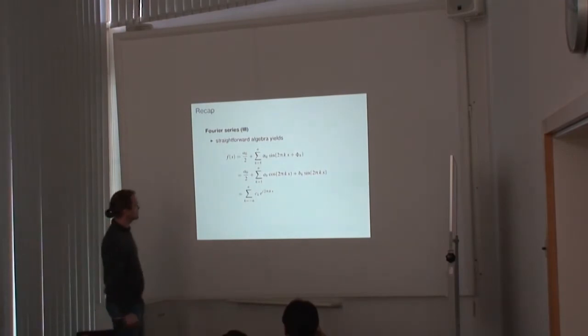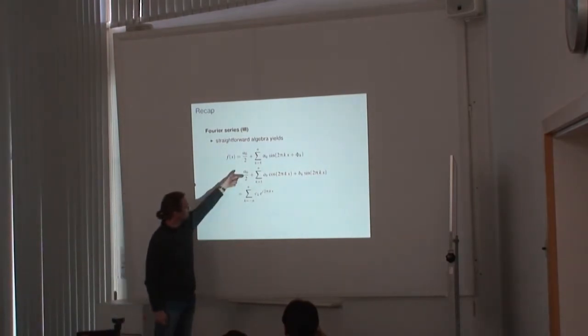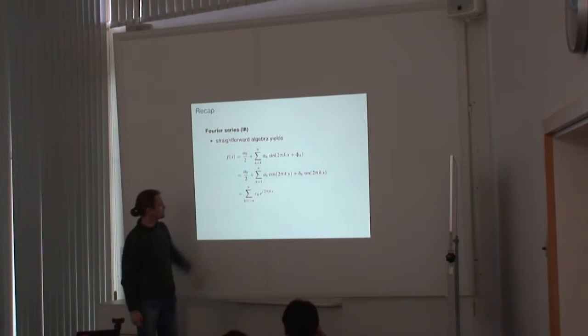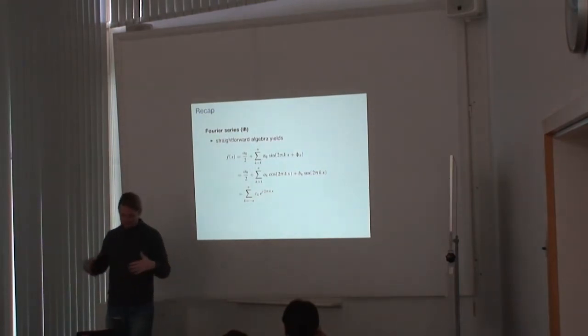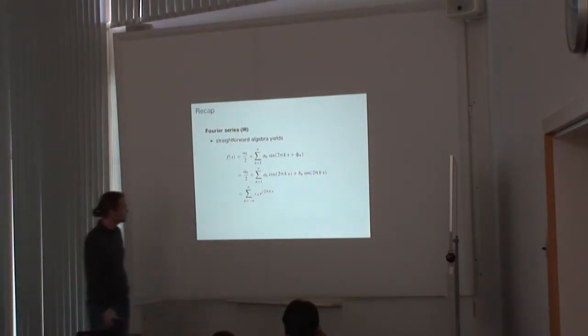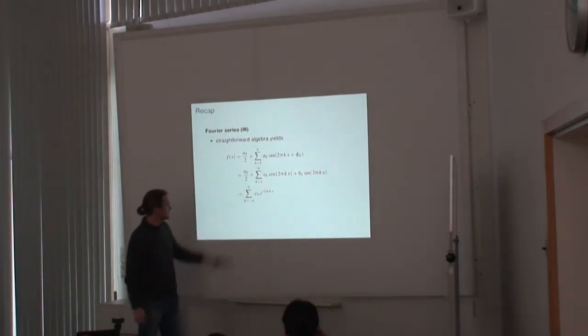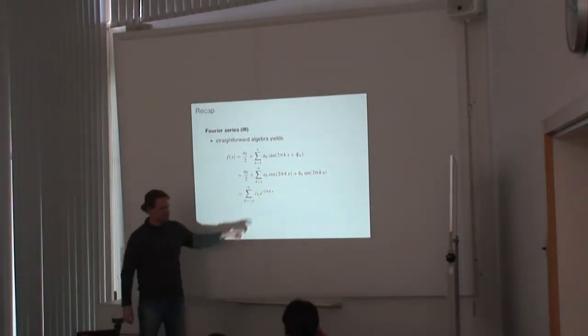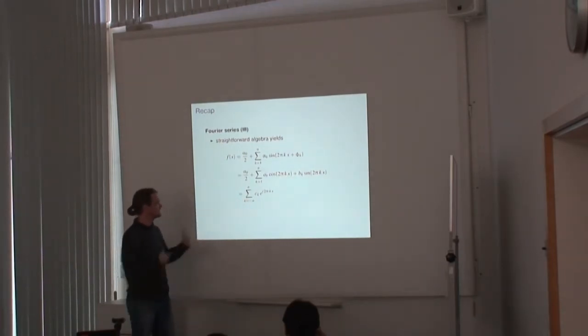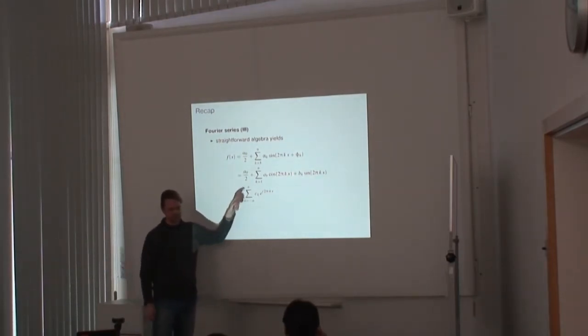And the crucial thing to note is that if we go from this representation to this representation, the summation index changes here. We are summing from 1 up to n, and with this representation in terms of complex exponentials, we have to sum from minus n to n. Right?